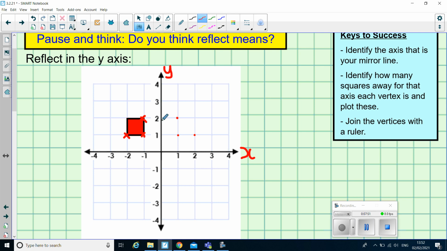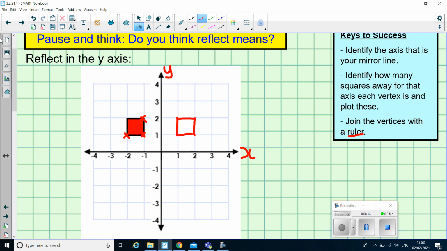So in my reflection, it has to be 2 squares away. Okay, so now I have got my 4 corners or my 4 vertexes of that square, and with a ruler, okay, keys to success, use a ruler, join those together. So my reflection would end up here.